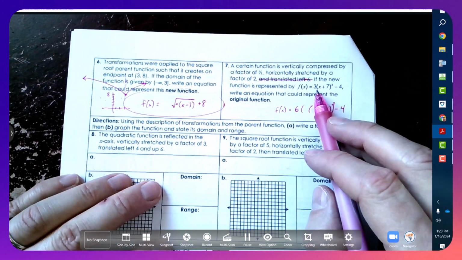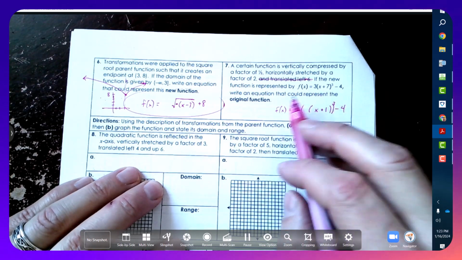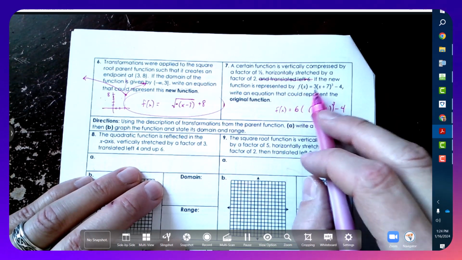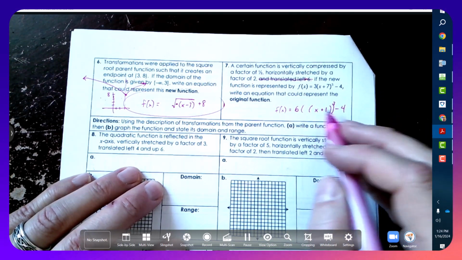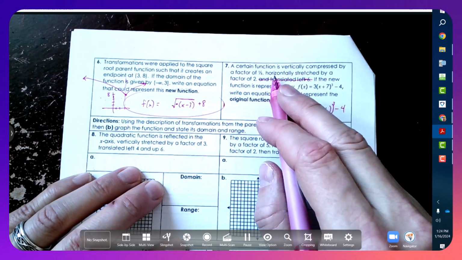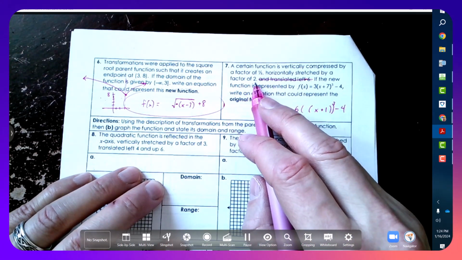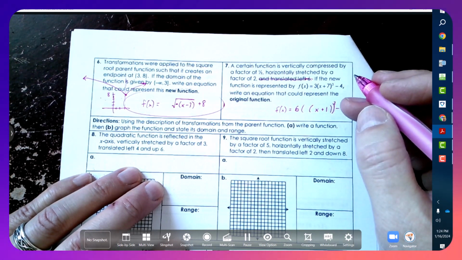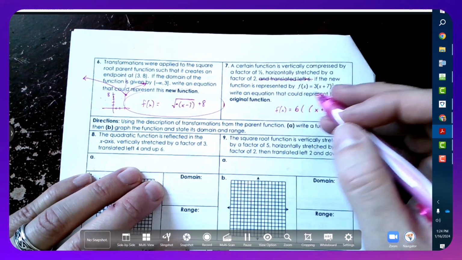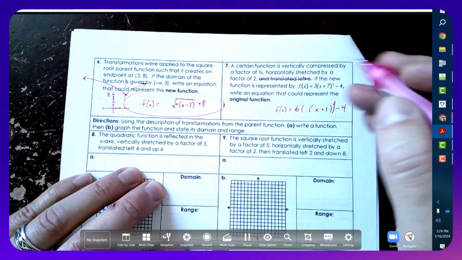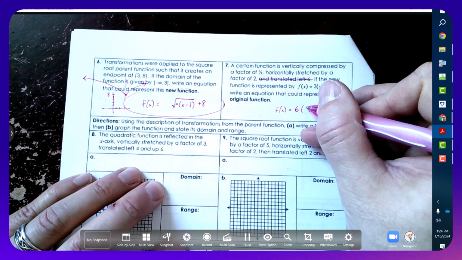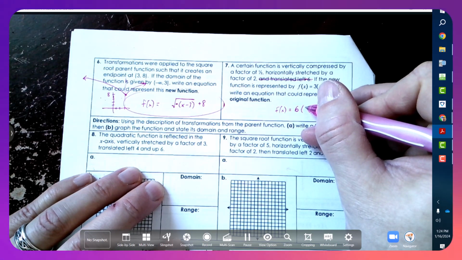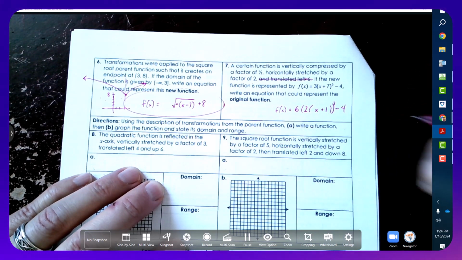Because if this is the new function, something times 1/2 would have had to have been 3. Now the reason I put these parentheses here is because I also have a horizontal stretch by a factor of 2. I don't see a horizontal stretch of 2, so this means that if it's a factor of 2, then we really would have put a 1/2. So this 2 would have had to be here.